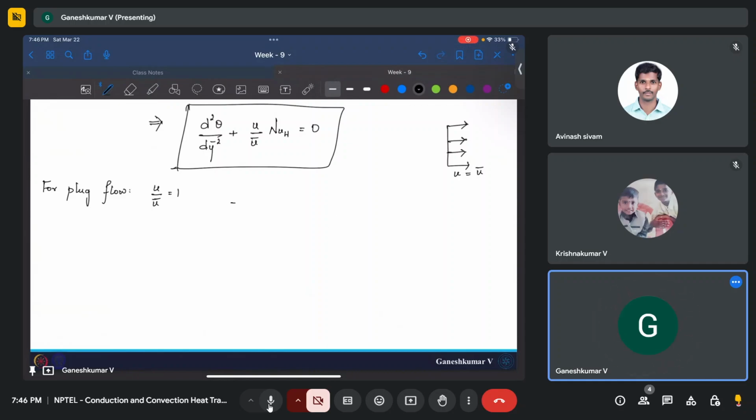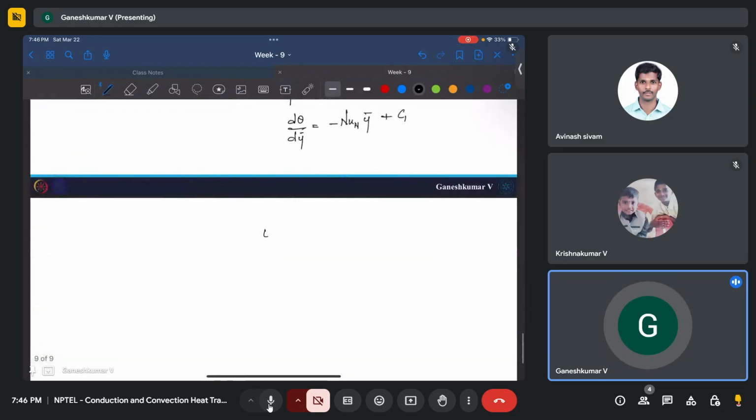Okay, and now again you can simplify it further: d square theta by dy bar square plus Nu h equal to 0. Now you can simply integrate them: d square theta by dy bar square is equal to minus Nu h, and d theta by dy bar is nothing but minus Nu h y bar plus some constant c1.